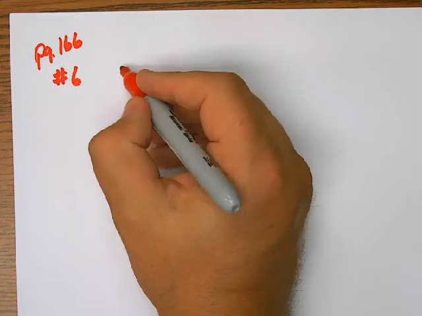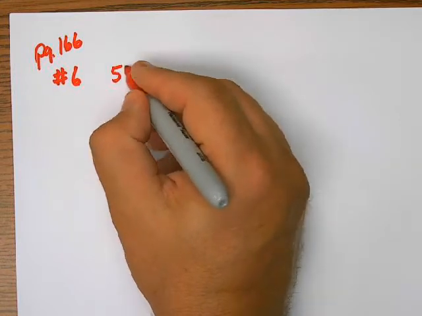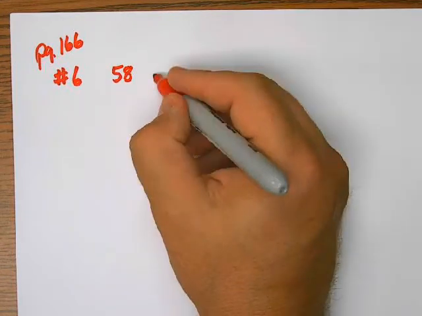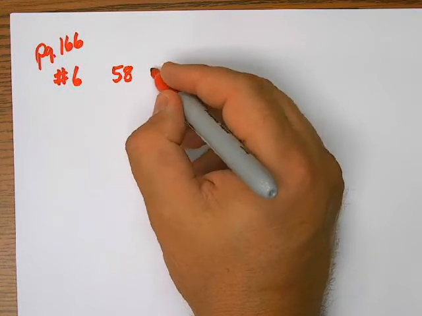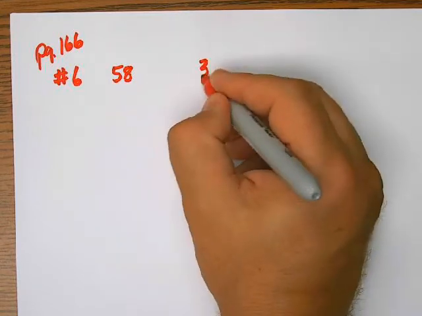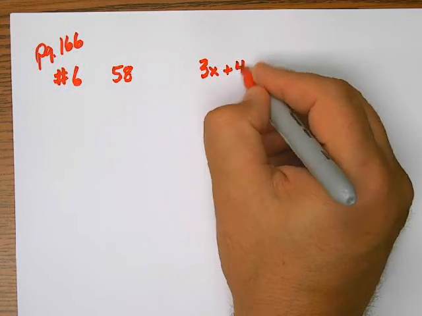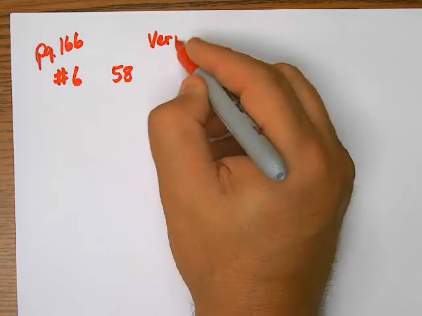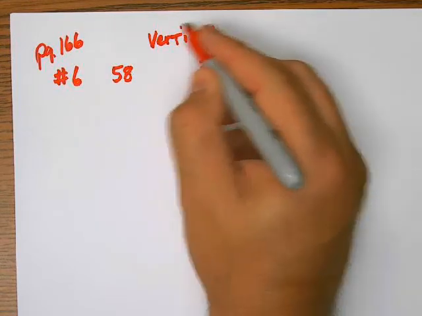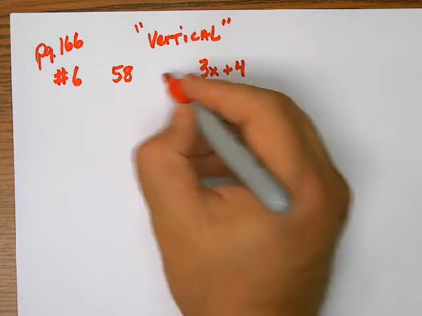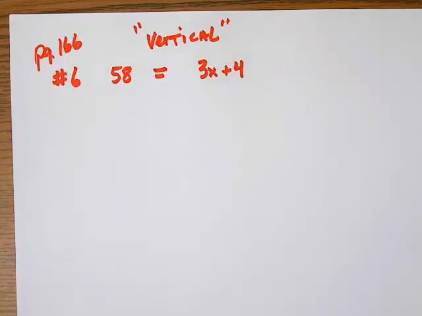The measure of two vertical angles are 58 degrees, and 3x plus 4 degrees. Find the value of x. All right, if they're both vertical angles, how are they related? It means they're equal to each other. So Bo said that one angle is 58 and the other one's 3x plus 4.